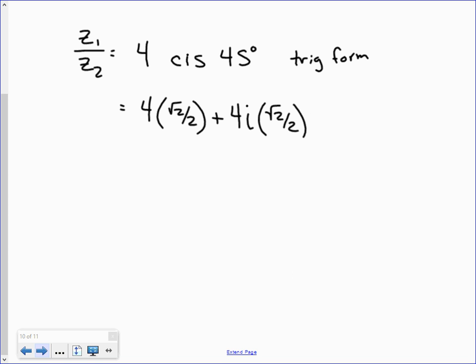And then my 4 over 2's are going to reduce. And so I have 2 square root 2 plus 2i square root 2. If you've got this 2i square root 2 in a different order, like 2 square root 2 times i, that's fine. And this would be our rectangular form.